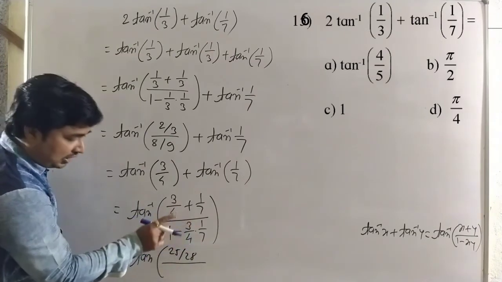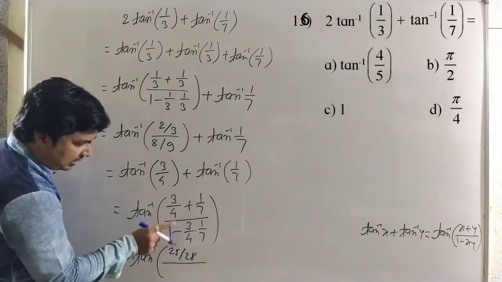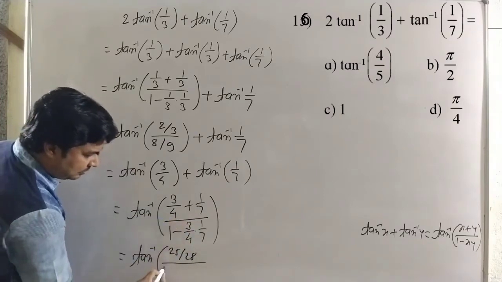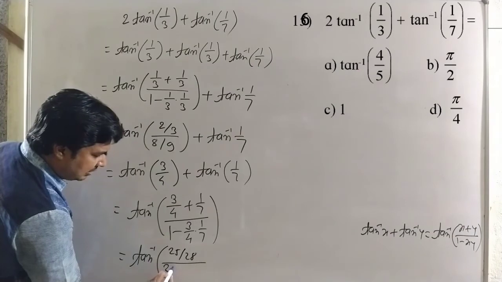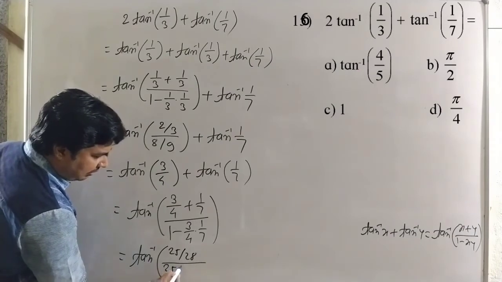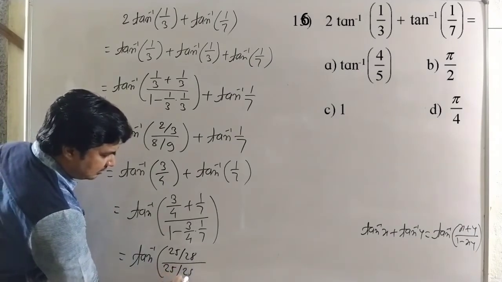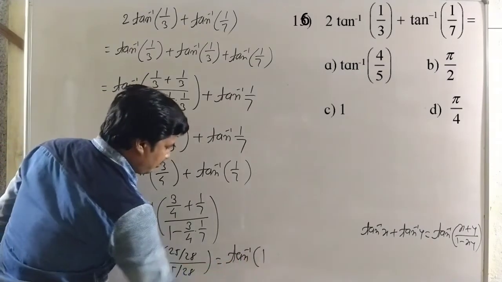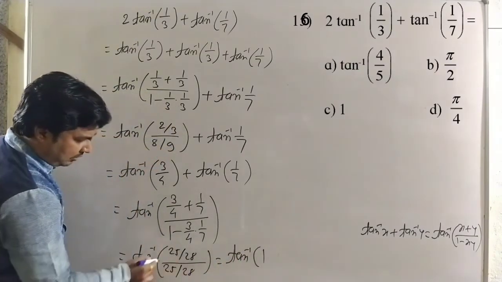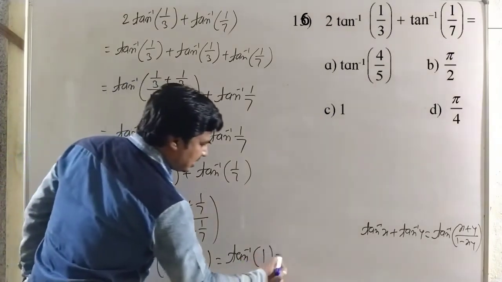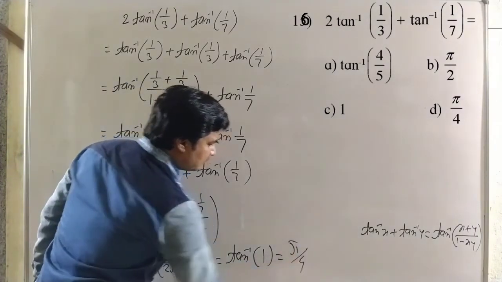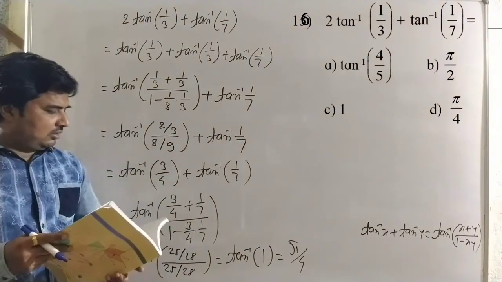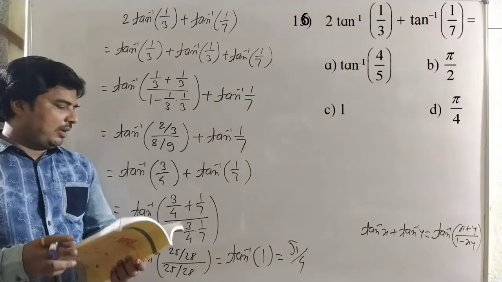See carefully, subtraction: 28 minus 3 is 25 upon 28. Then it is tan inverse of 1, as 25 and 25, 28 and 28 cancel, and tan inverse of 1 is pi by 4. Now the answer is D, pi by 4.